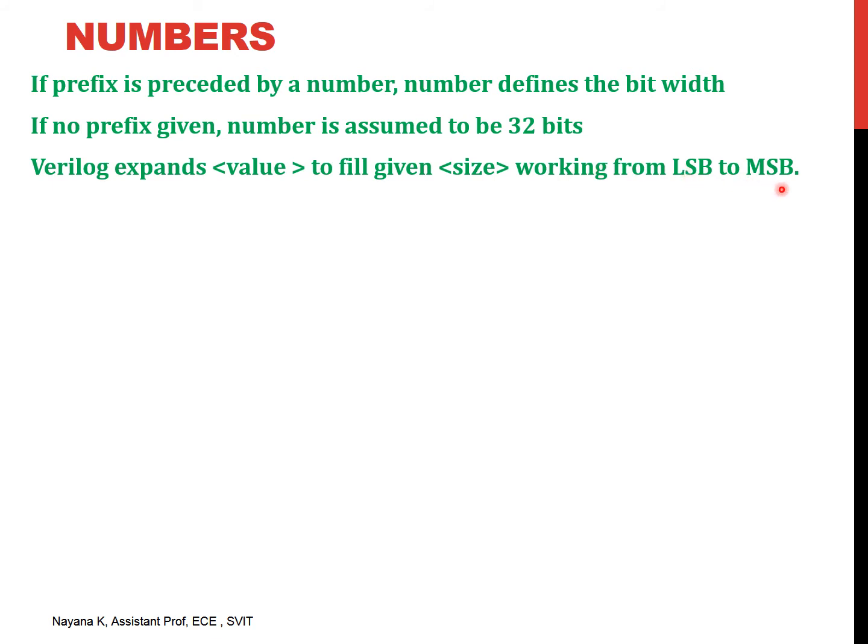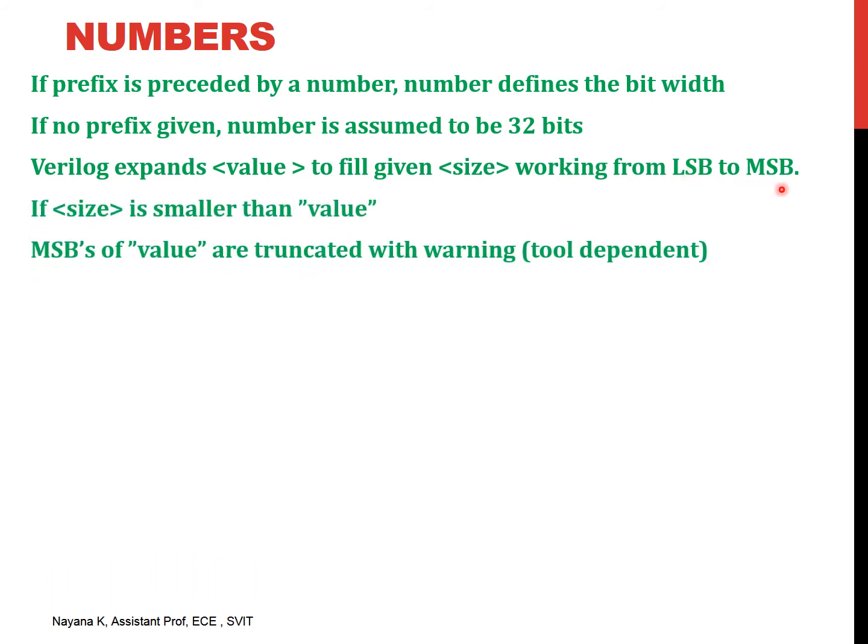What does this mean? If the given number is small, say you write 8-bit decimal 2, to represent 2 we need only 2 bits. But if you mention 8 bits, zeros are prefixed. So you are going to expand the number.